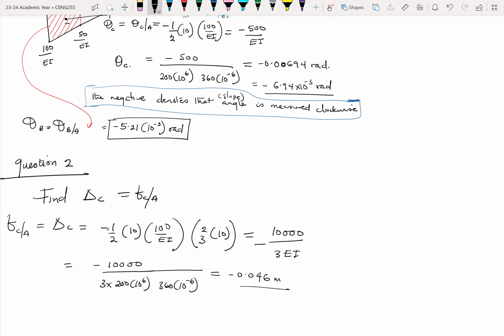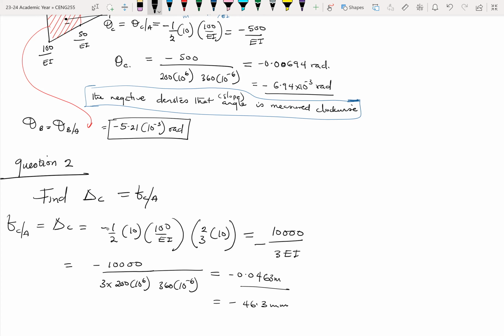You can convert it from meters to millimeters. Yeah, so when your conversions are wrong, your answers will automatically be wrong. So the conversions are very important. The units are critical. Otherwise, you would end up with the wrong answer easily. Okay. So this is in meters. We can convert that to millimeters. And this should give us minus 46.3 millimeters.